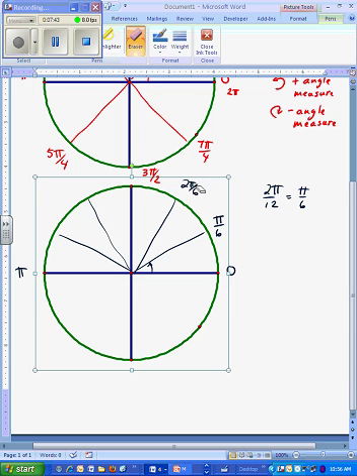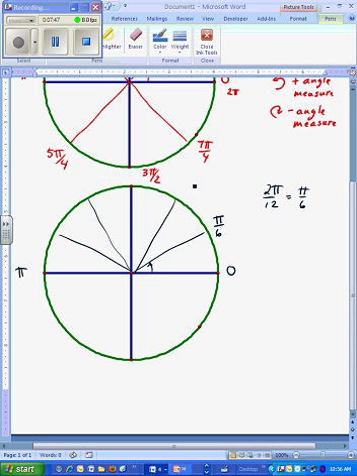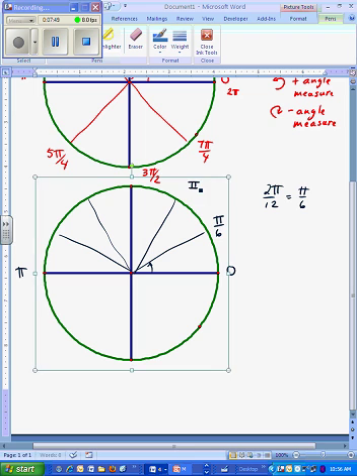So instead of putting 2 pi over 6, I'm going to put pi over 3. So this would be pi over 6, pi over 3, this would be pi over 2 reduced. So I'm up to 3 pi over 6, 4 pi over 6, 5 pi over 6, and 6 pi over 6, which is pi again.